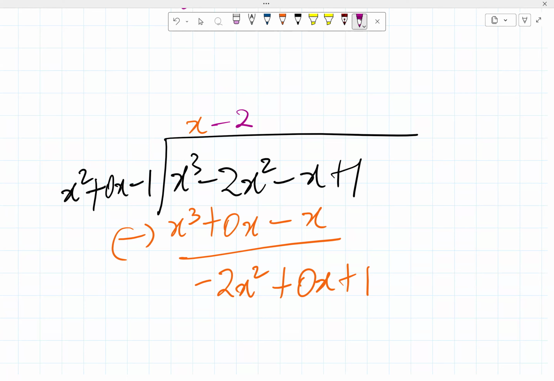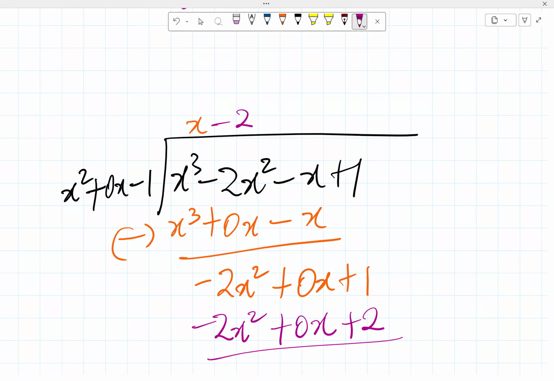Minus 2 times x squared is minus 2x squared. Minus 2 times 0x is 0x. Minus 2 times minus 1 is plus 2.